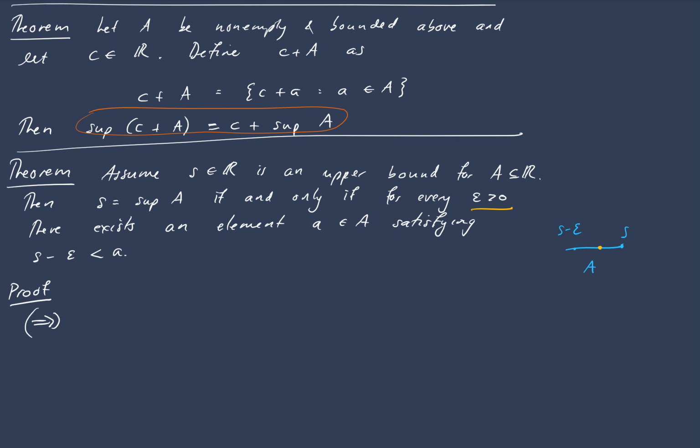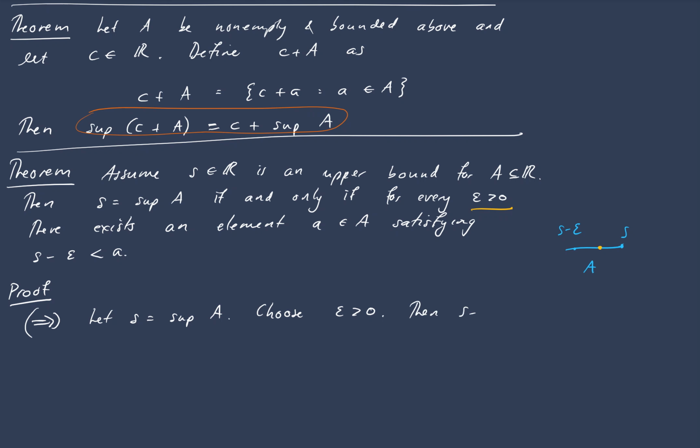which means we're going to let S be the supremum. So let S be the supremum of A, and we're going to show that this if and only if thing is true. So we're going to choose an arbitrary epsilon greater than 0 and show that we can find that point.